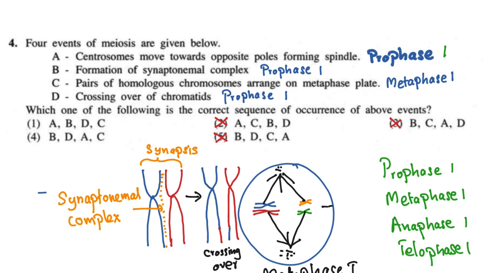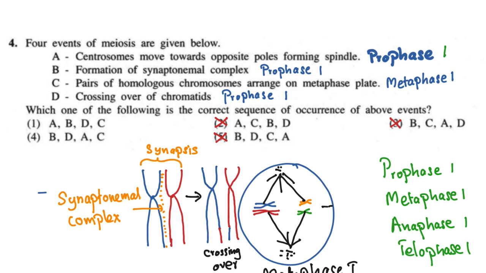Right, now in 1 and 4, C is the last one. Now we have to decide which one comes first. Here C is the last one in both the answers and B is before D. Then we have to think about A. A is centrosomes move towards opposite poles forming spindle.